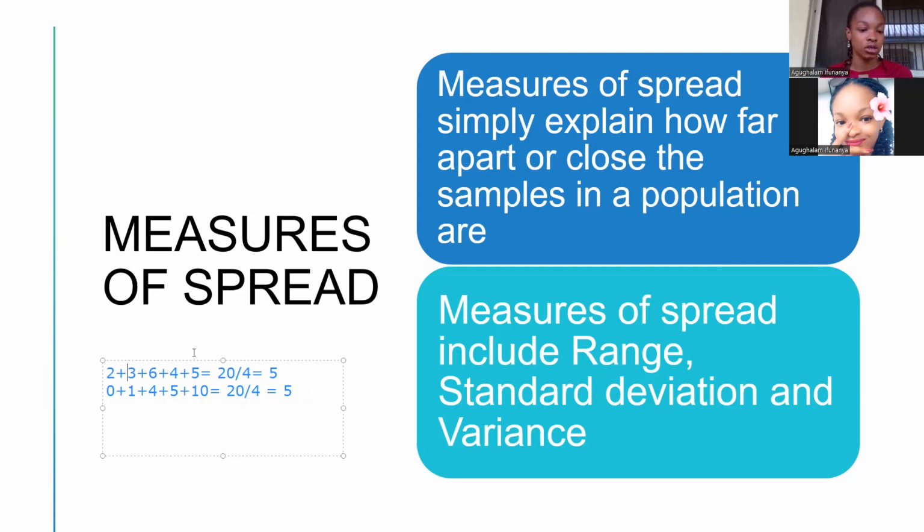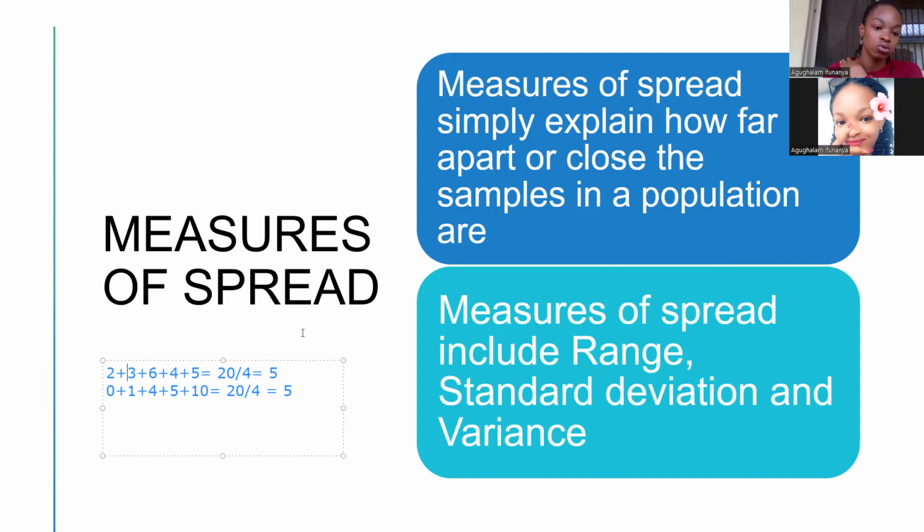Now what I'm trying to say is that to get the spread of this data, we're going to use the range. Range is the highest number minus the lowest number. The highest number here is 6, and the lowest number here is 2.